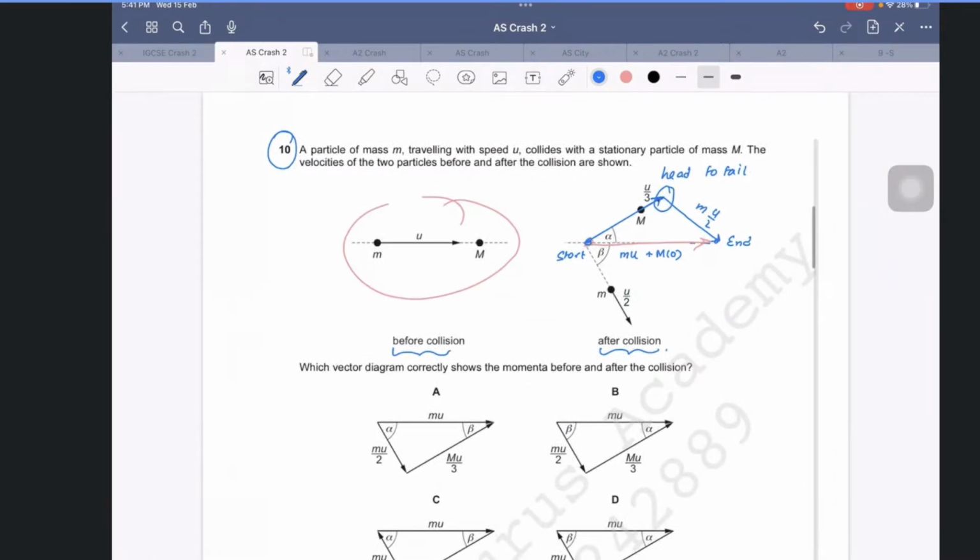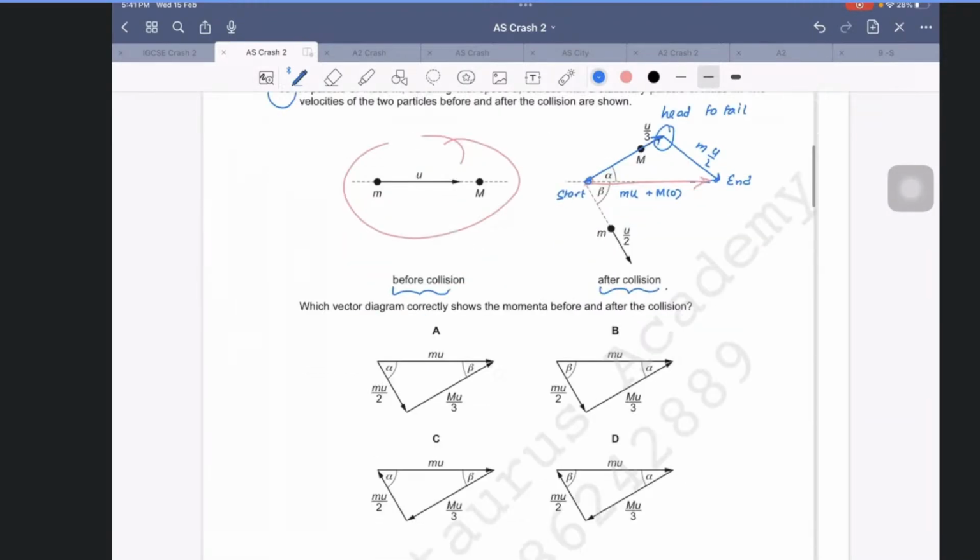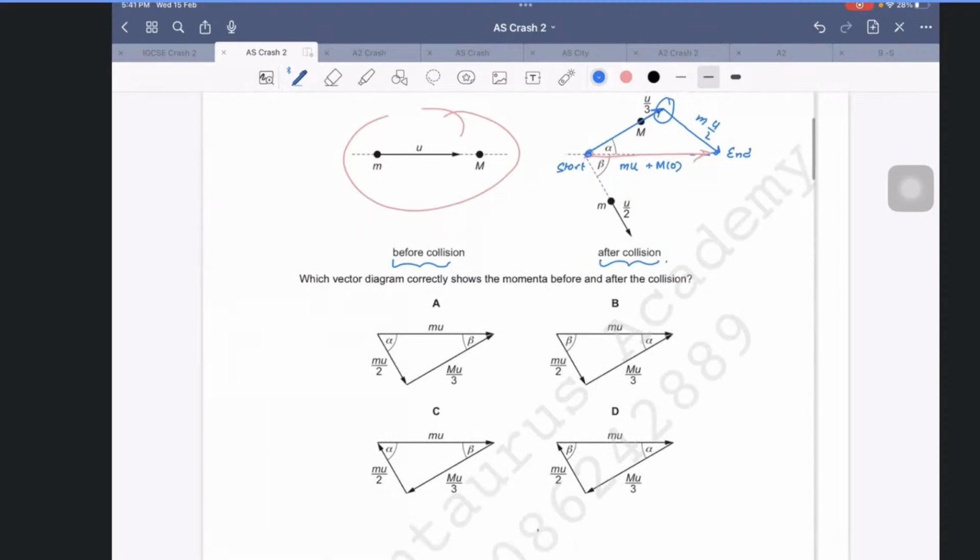Unfortunately, they have given us the other half, like they have given us down. Even if they have done that, do not worry. You can make the first vector like this, which is mu by 2. The other vector like this from head to tail, which will be mu3, and then the last vector will be from the start to the end, which is mu plus m times 0.